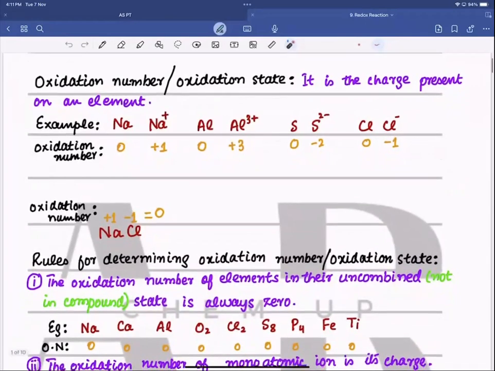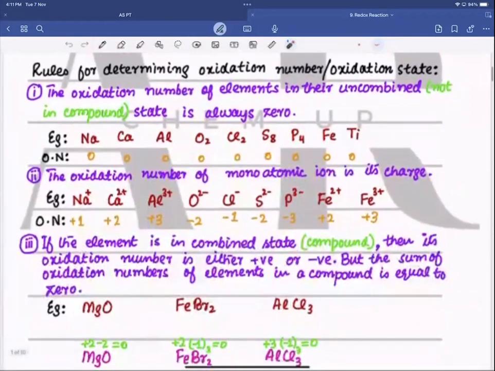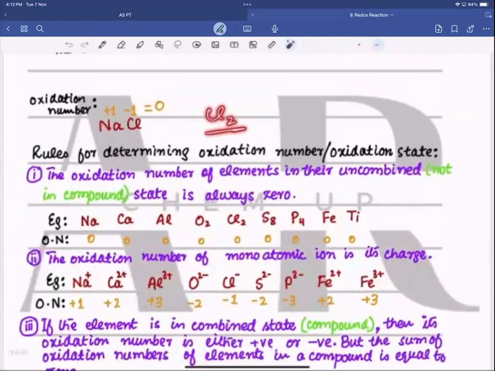Okay. Now the rules. The first rule says that if there is an element, which means it is not combined, it is not in a compound, which means it is not bonded to any other element. For example, if I write chlorine, is it an element or a compound?